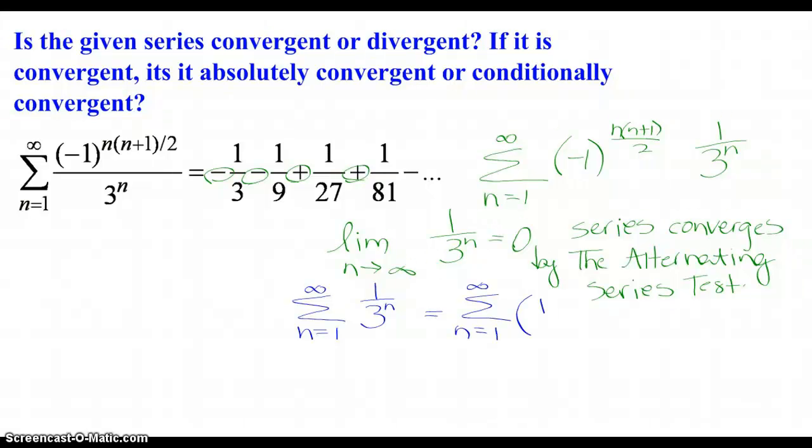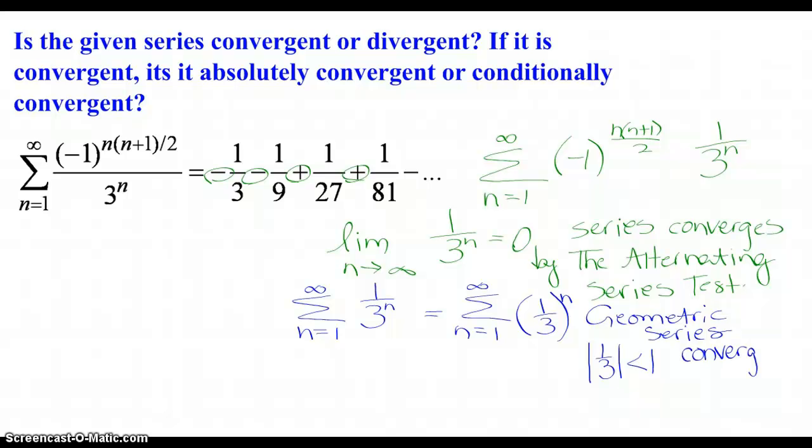This is one case where I would hope you would recognize that it could be written in that form. This is a geometric series. All we have to do is identify it as a geometric series, identify that its common ratio is less than 1, and then we can state that this series converges.